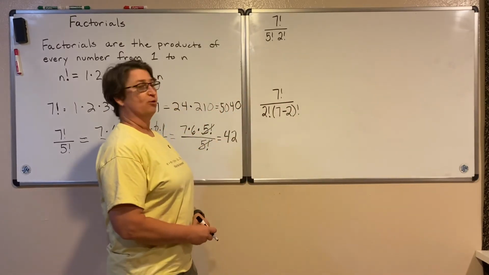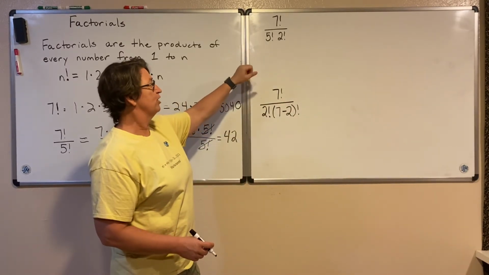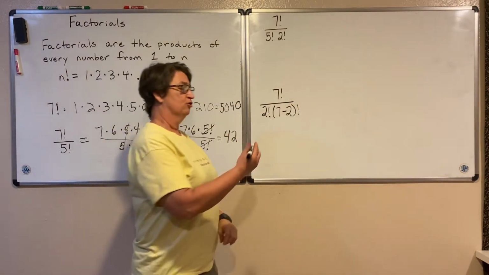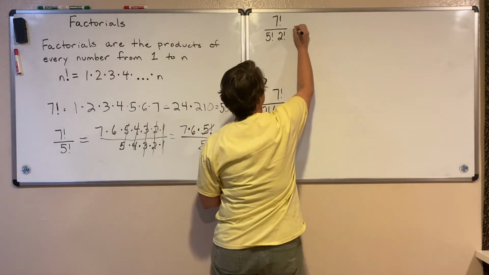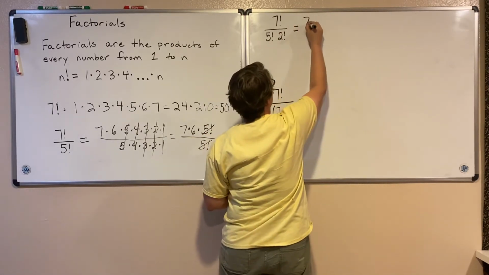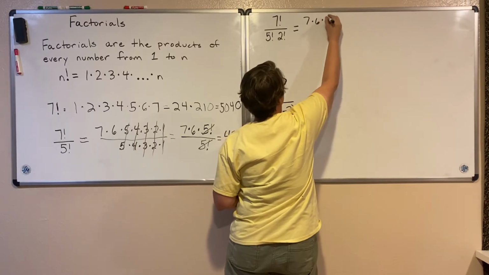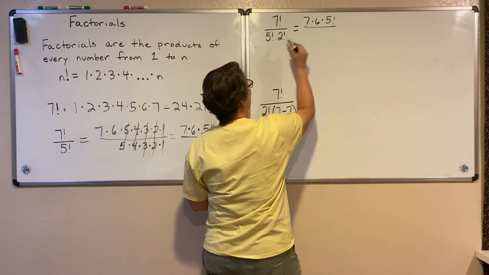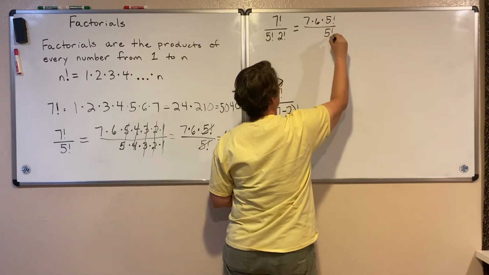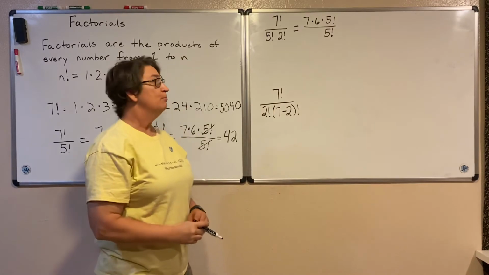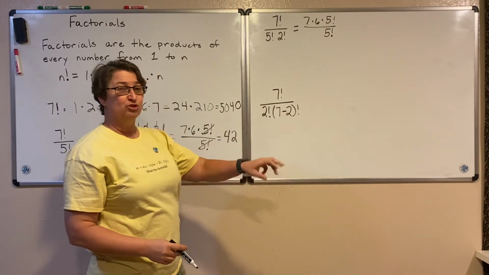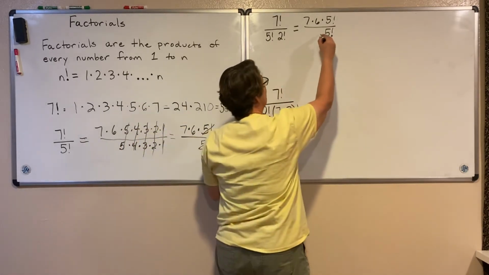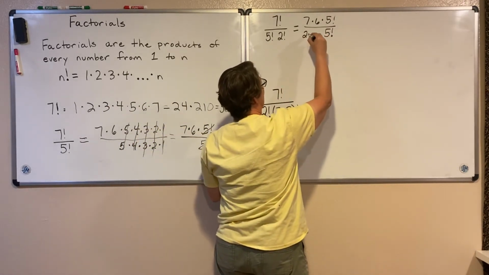Let's do another example. Here I have 7 factorial over 5 factorial and 2 factorial down there on bottom. So I'm going to use that same trick I just did, where I do 7 times 6 times 5 factorial. Because I know that this 5 factorial and that 5 factorial are going to cancel out. But I didn't keep going down to 2 times 1. So this 2 factorial is still 2 times 1.